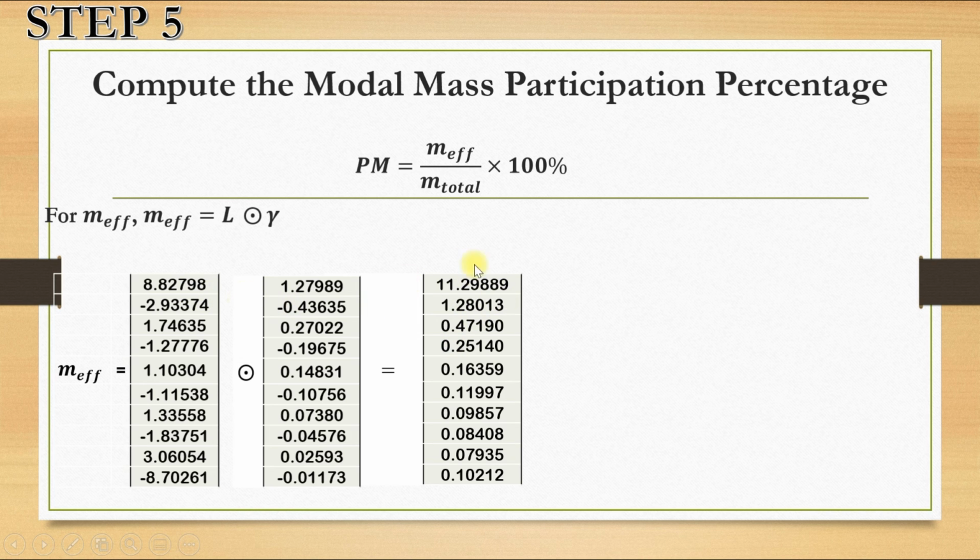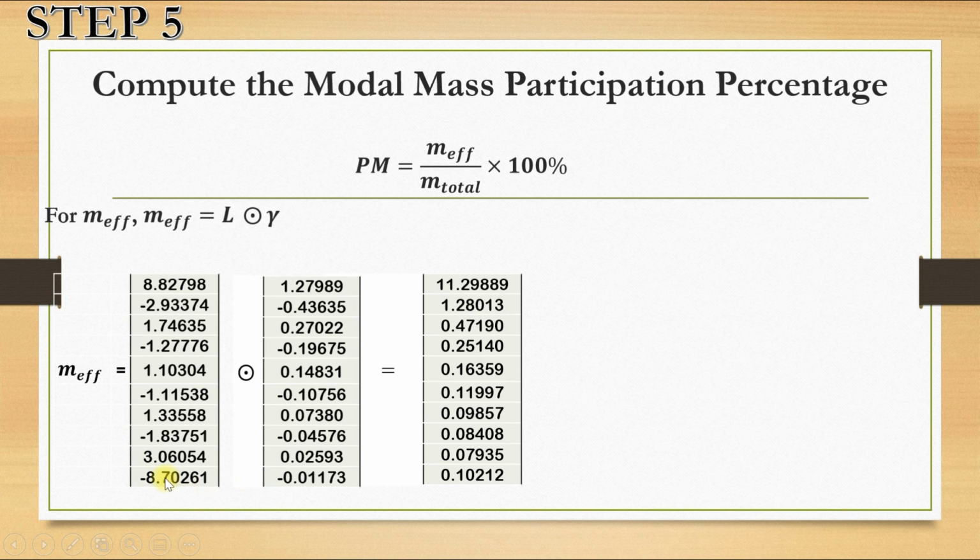So paano ito nakuha? Nag-multiply lang ito. Multiply natin itong 1 at saka itong 1 din dito. Yung first row dito. So ito yung product niya, 11.29889. Tapos yung second row dito at saka second row din dito. Ang product niya ay 1.28013 hanggang dito sa 10 rows.